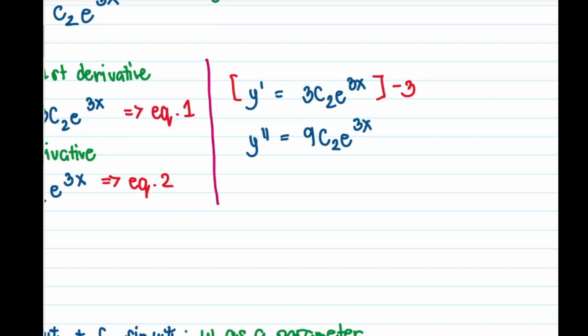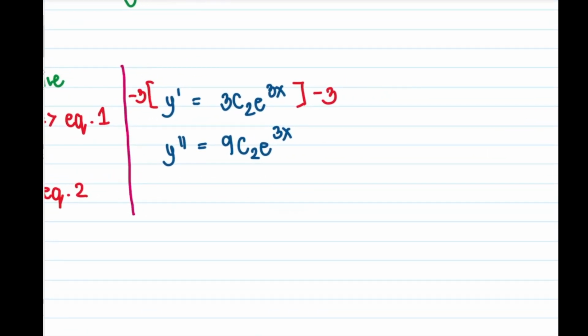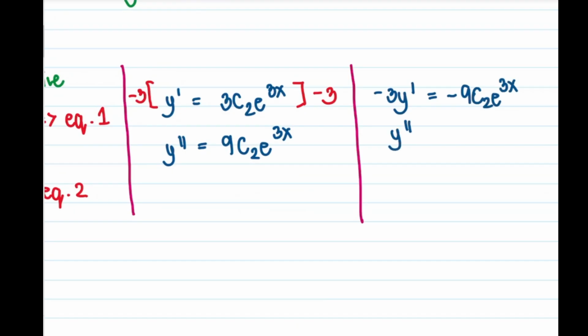So this one will be negative 3y prime equivalent to negative 9c2 e raised to 3x, and y double prime equivalent to 9c2 e raised to 3x.